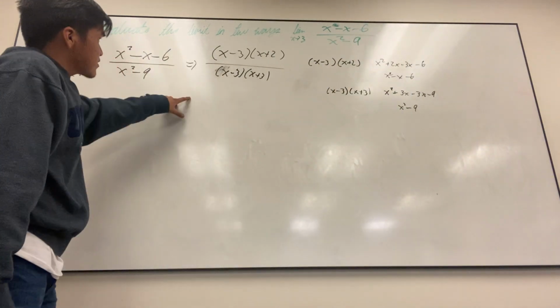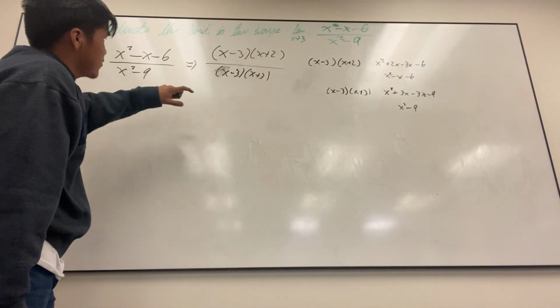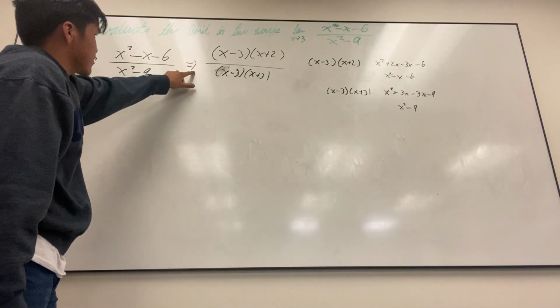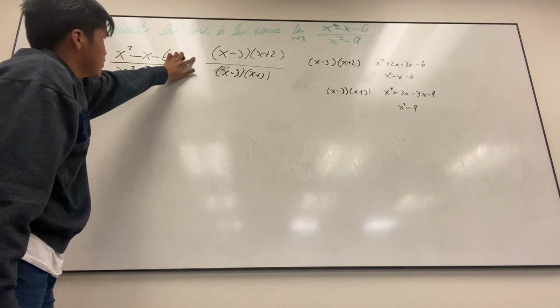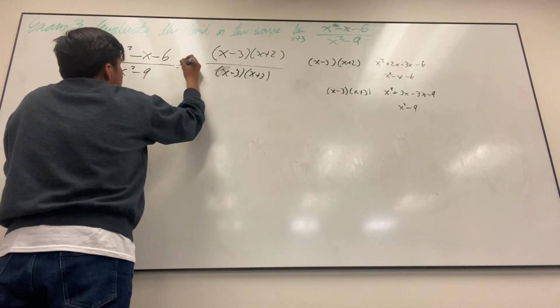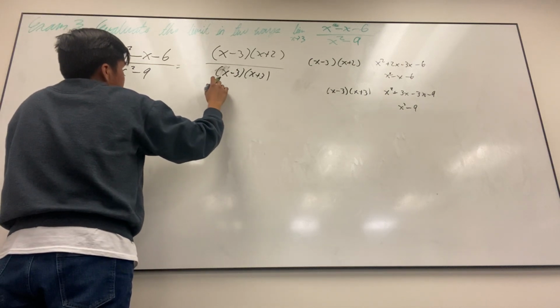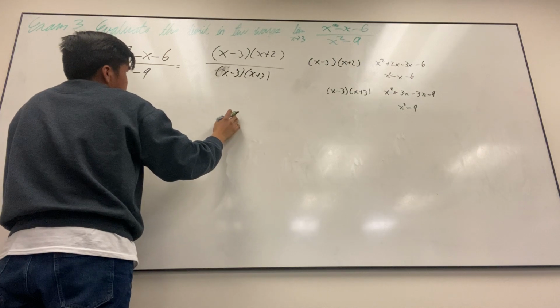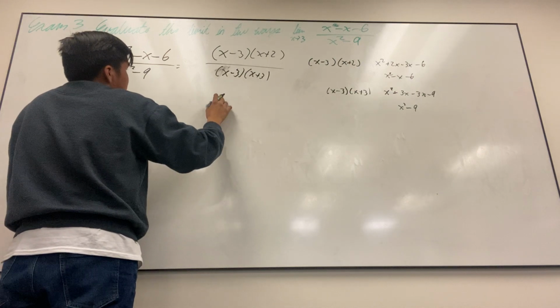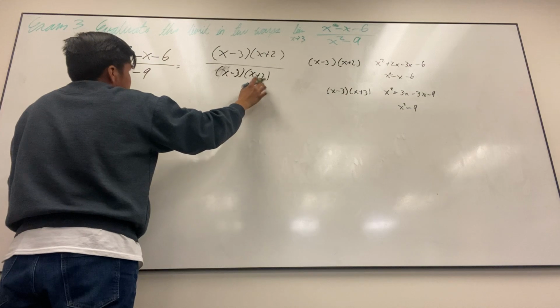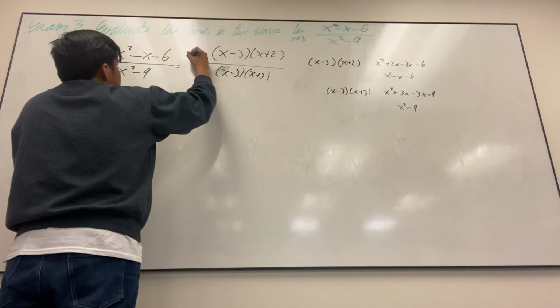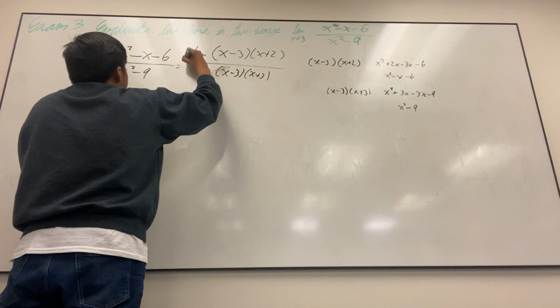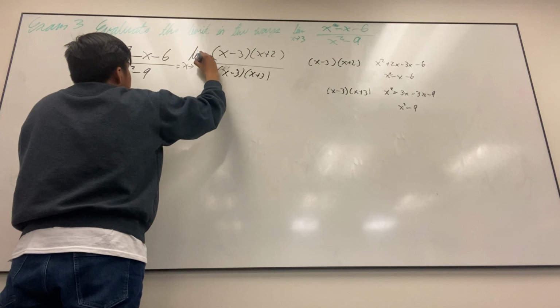Now your new equation would be x minus 3 times x plus 2 over x minus 3 times x plus 3. And in this case, don't forget to carry your limit. Always carry your limit until it's applied.